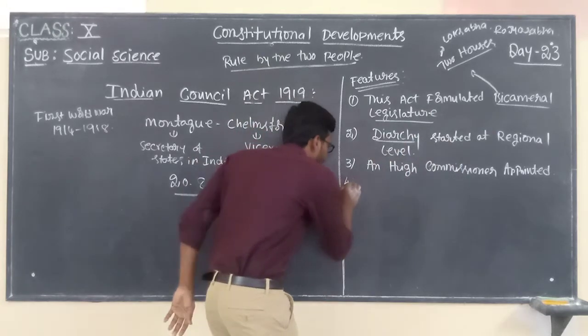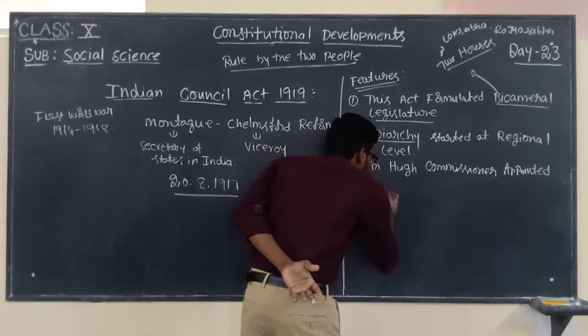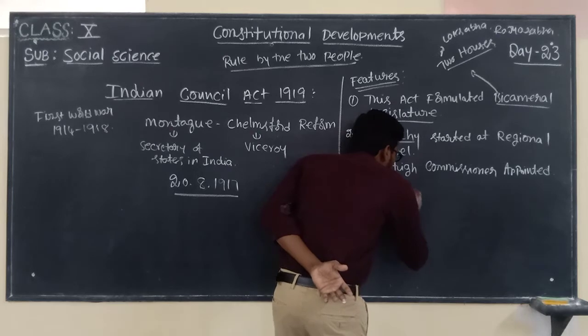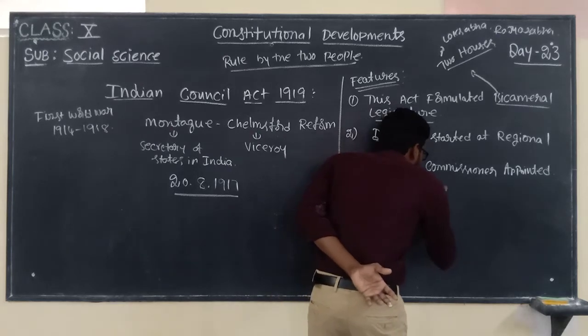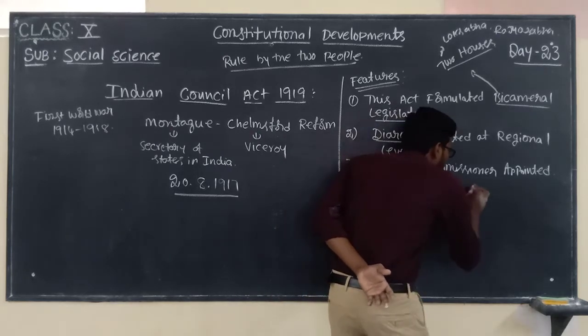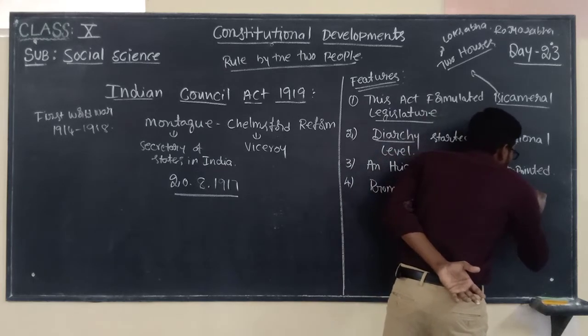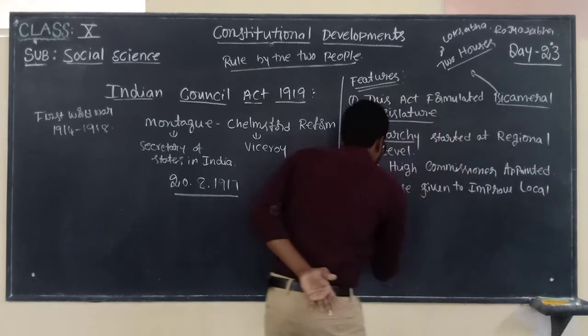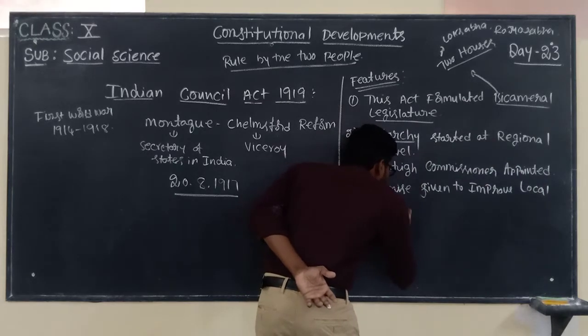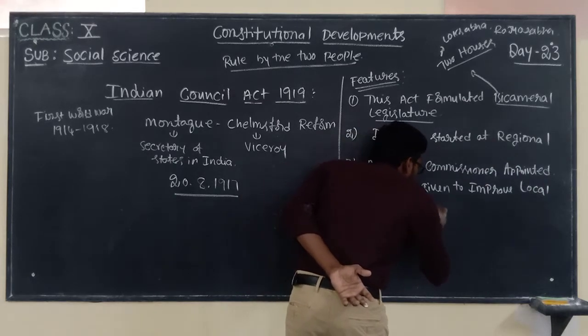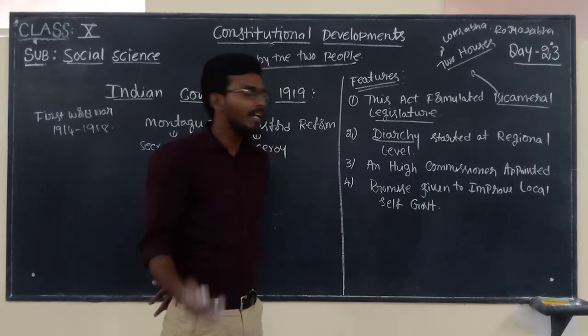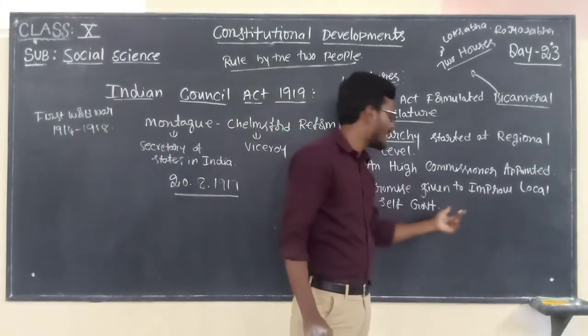Next, a promise given to improve local self-government. So the British government promised the Indians to improve local self-government.